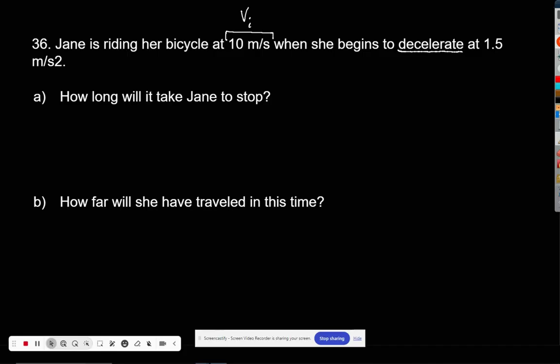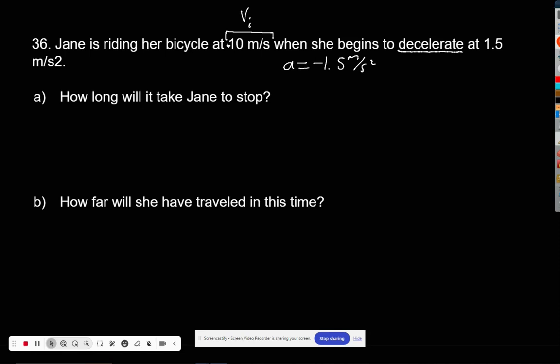For decelerate, that does mean we're slowing down. And it already established that our initial velocity was 10, which would be really a positive 10. So we're slowing down in the positive direction, which means our acceleration would have to be negative, otherwise we'd be speeding up. So I can write acceleration is negative 1.5 meters per second squared.